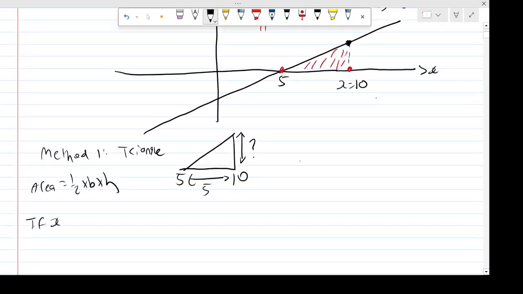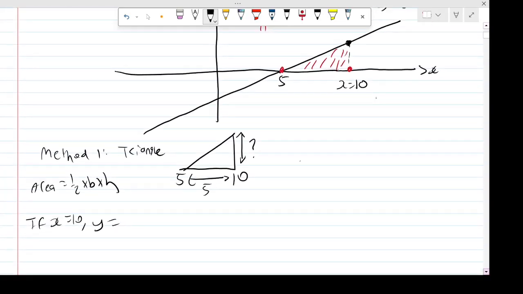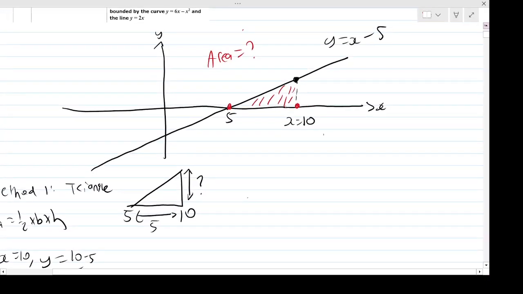If x is 10, then y is x minus 5, so it's 10 minus 5, which is just 5. So the coordinate here is x is 10, y is 5.